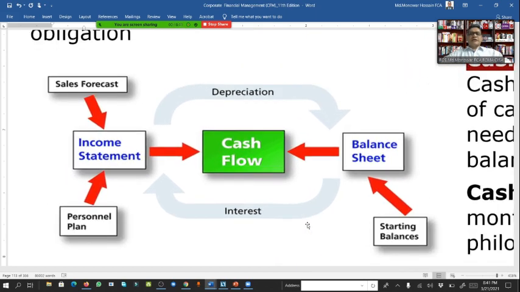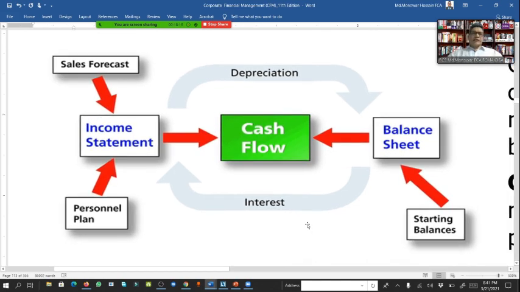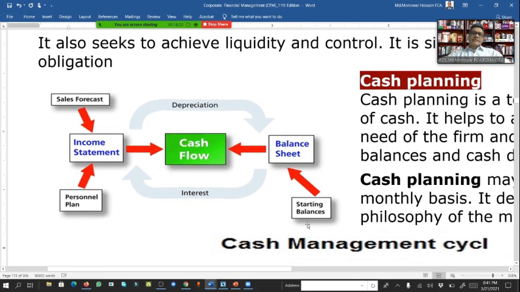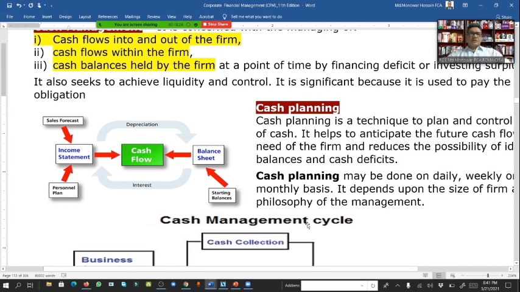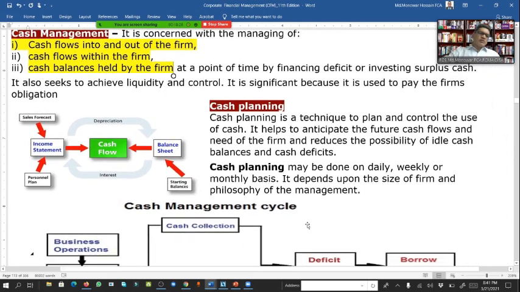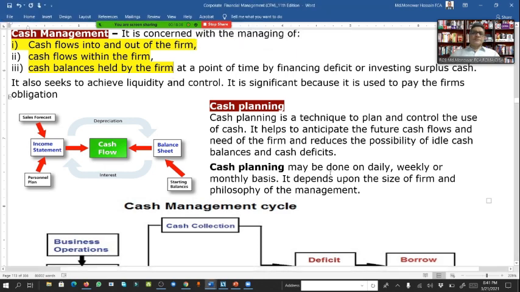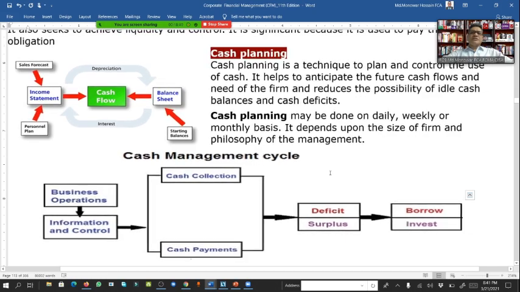In accounting we prepare cash flow as per International Accounting Standard 7, but that cash flow is the post cash flow because it is part of the financial statement. It is also the forecast cash flow. Based on the forecast cash flow, funds have to be arranged for the company to meet its obligations.